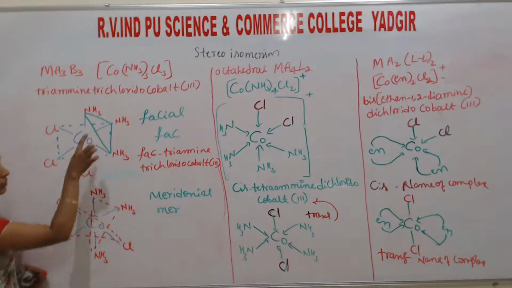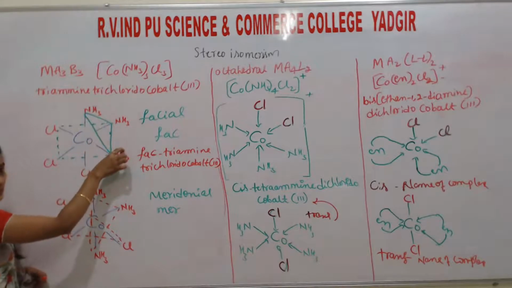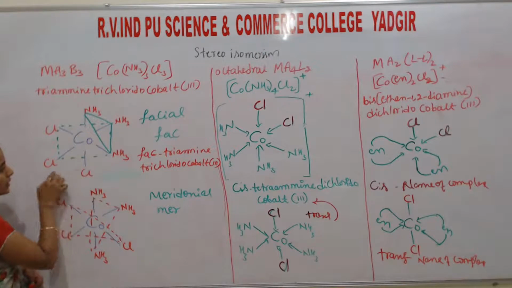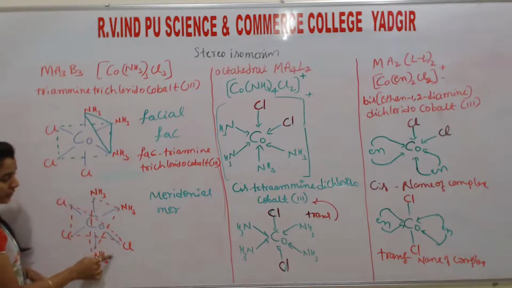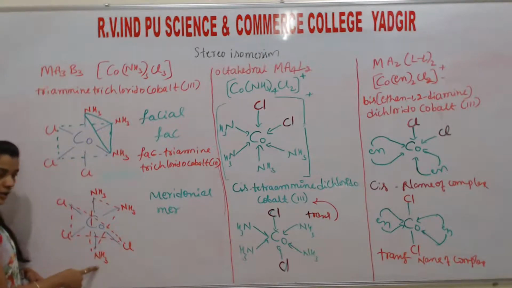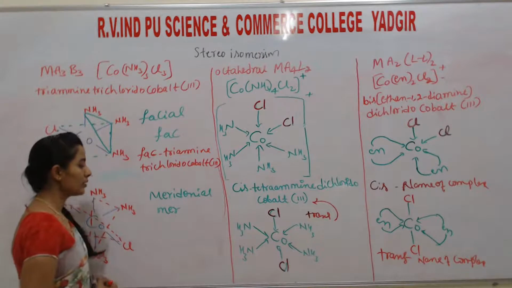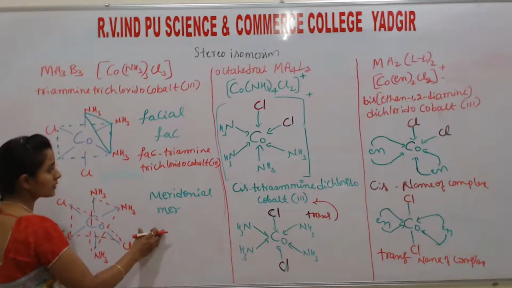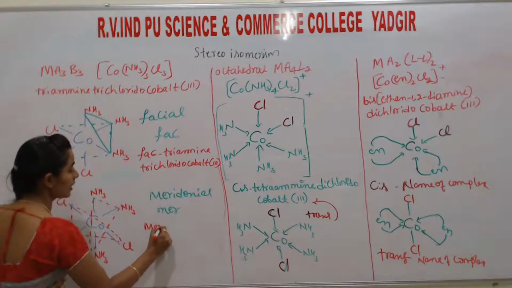Just remember, students, if all the identical ligands are adjacent to each other, then that is facial: NH3, NH3, NH3, Cl, Cl, Cl. If one is in the trans position, NH3, NH3, Cl, NH3, this type of arrangement gives meridional isomers, represented by mer.